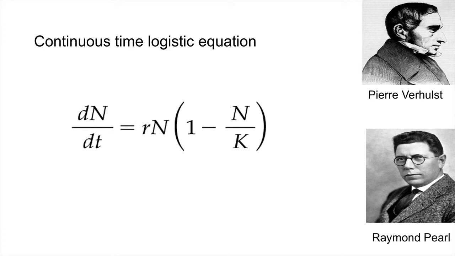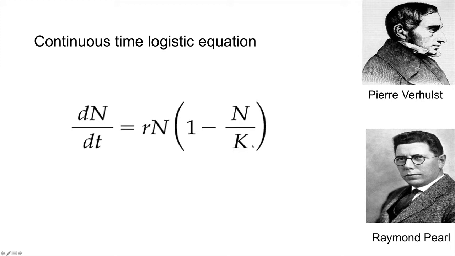Now, here is a more sophisticated continuous time model for the rate of change of a population size over time, where here we have the component rN, that's the geometric increase, and yet it's multiplied here by 1 minus N divided by K. K is often referred to as a carrying capacity.